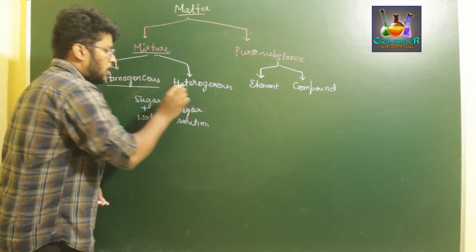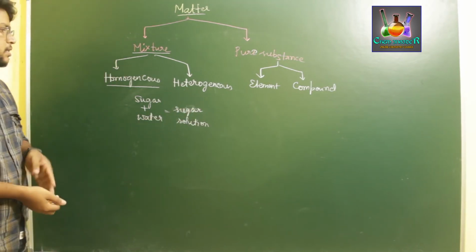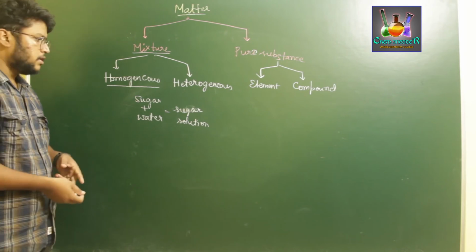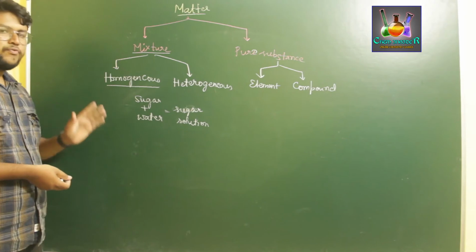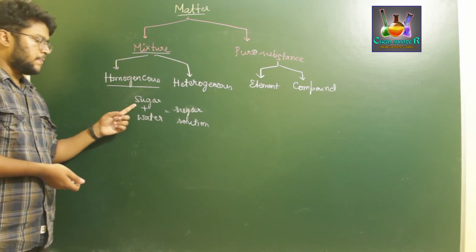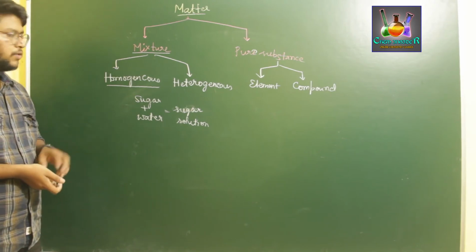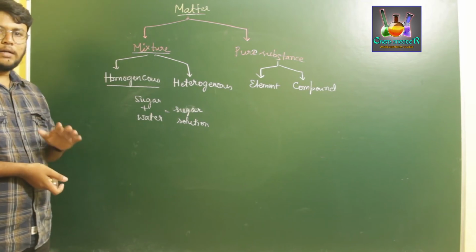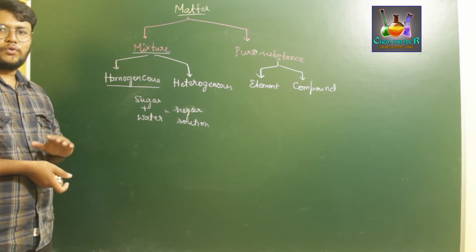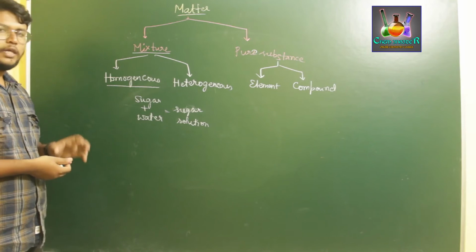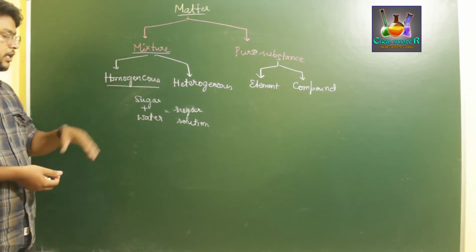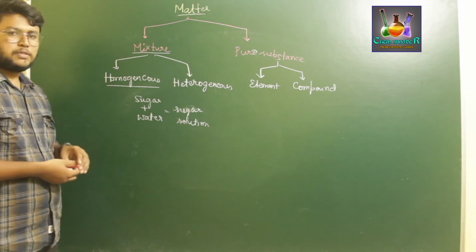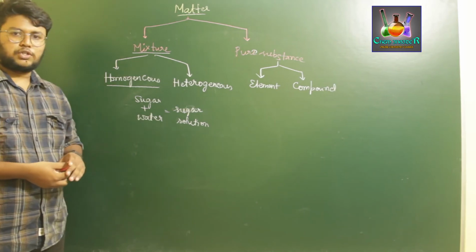That means a homogeneous mixture is a mixture of two or more substances which on complete mixing gives a uniform distribution of one substance in the other. If two or more substances are mixed thoroughly in uniform distribution, that type of substance is called a homogeneous mixture, for example our sugar solution.